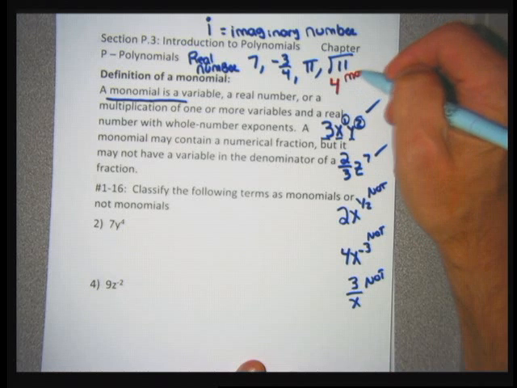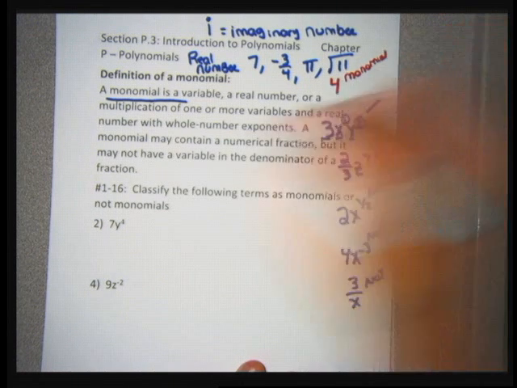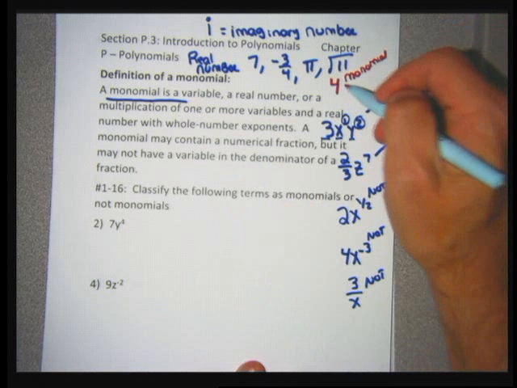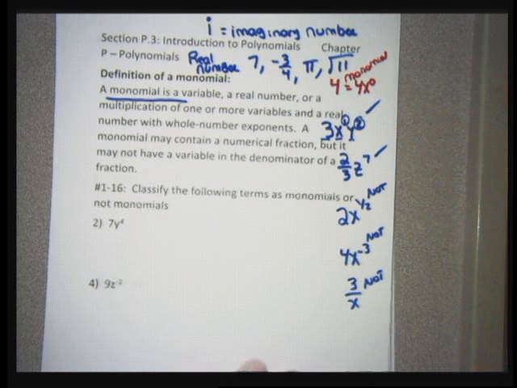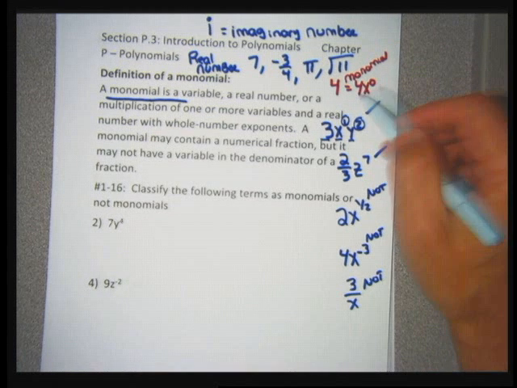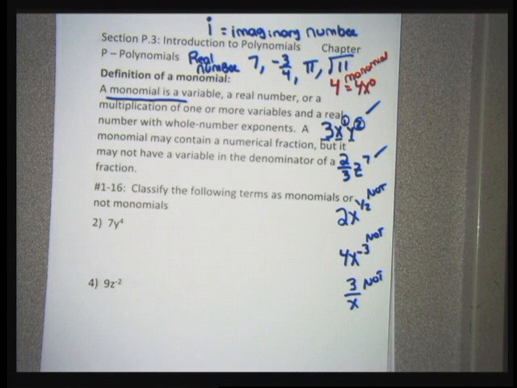It doesn't really fit my definition so well because my definition basically says you need to have a variable, but because this equals something that has a letter, like 4x to the 0 power, because x to the 0 is 1, 4x to the 0 power is 4. So a number without a letter kind of doesn't fit my definition, but I'm going to call that a monomial as well, because it's going to be important when we get a little bit deeper into the section.